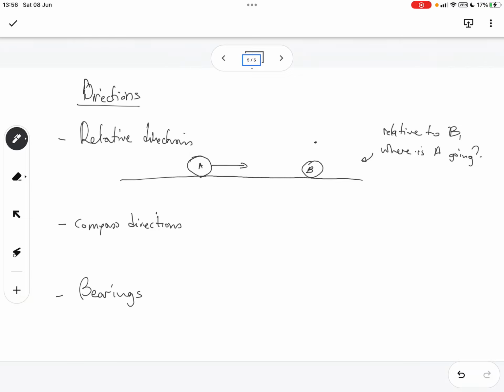Relative to the bulb at B, which direction is A moving in? Is it moving toward? To the right. Is moving to the right. That's absolutely correct, Nemos. And it's just as correct as saying A is moving toward B. Right, Grisha?